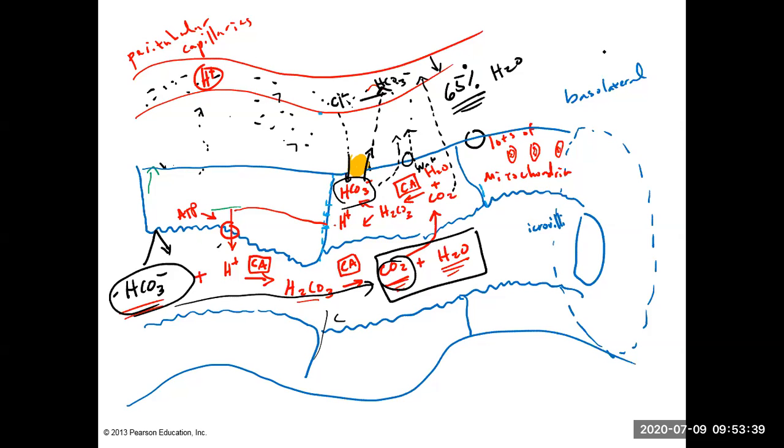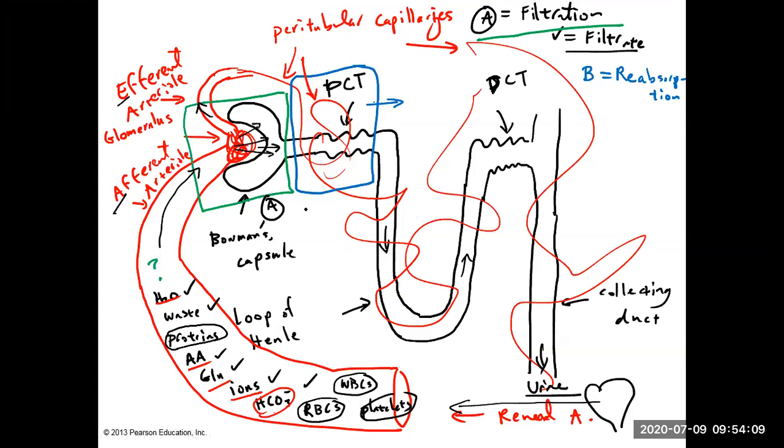The next step, now that we are familiar with what happens, at least for the PCT. Remember, the hydrogen ion, you can do the process C. This is called secretion. Secretion is when you want to get rid of things from the blood back into the tube.